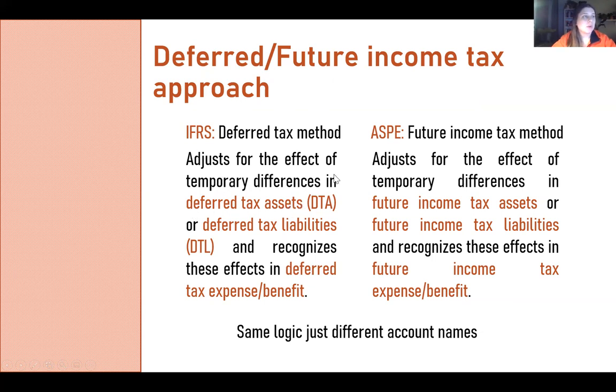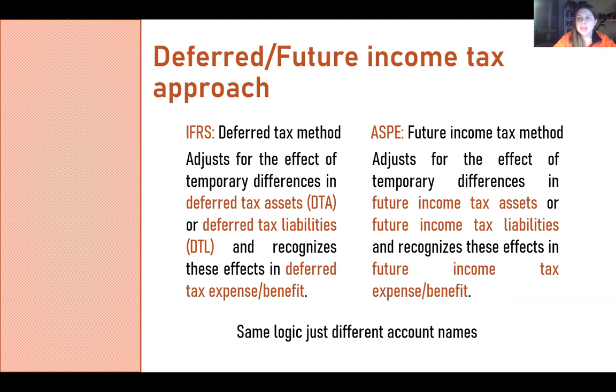Basically, you adjust for the effect of the temporary differences, only the temporary differences, in asset and liability accounts. You recognize these effects in an expense/benefit or a provision, which I think your teachers also use. So the impact of your temporary differences is reflected in your balance sheet and your income statement.